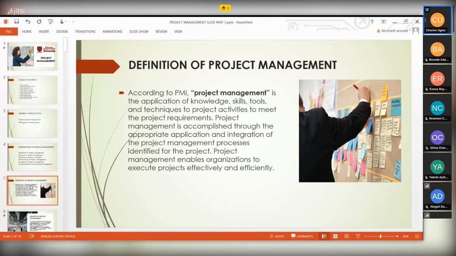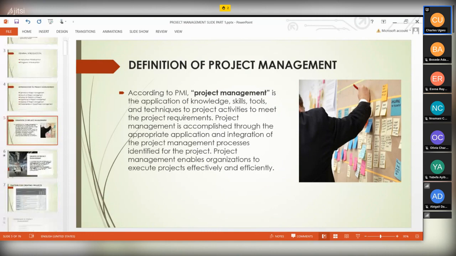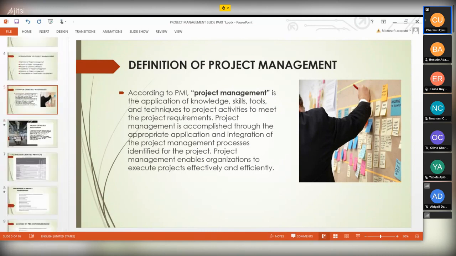Project management enables organizations to execute projects effectively and efficiently. That's the definition PMI gives to project management, and it is a well accepted definition globally. So that is what we are going to be working on as our definition of project management.